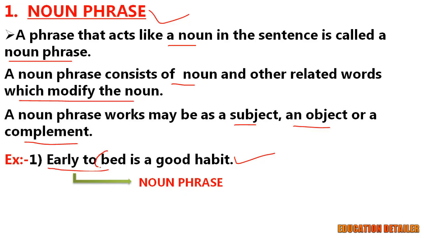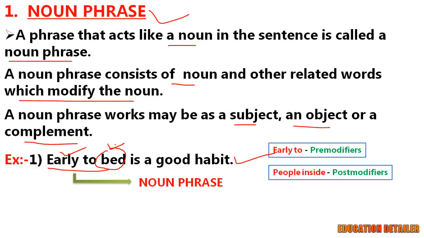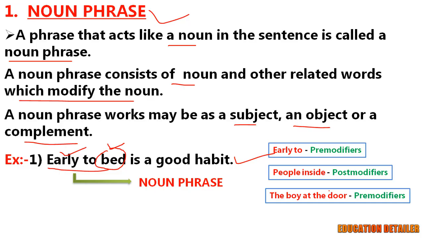Here, bed is a noun, and early to are other related words which modify or give specific information about the noun bed. These words are called pre-modifiers because they go before the head word bed. Remember, words that go after the head word are called post-modifiers, like people inside and the boy at the door.